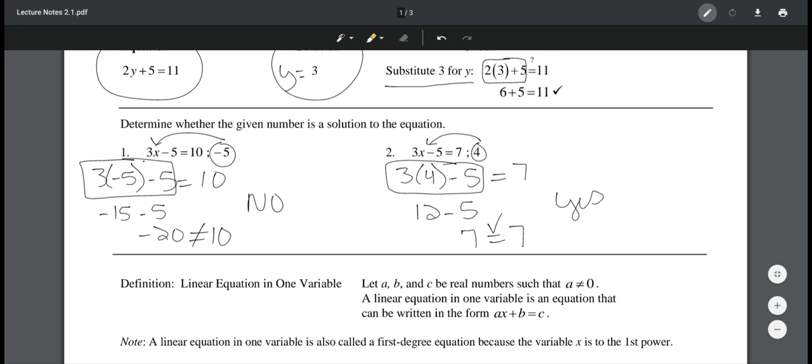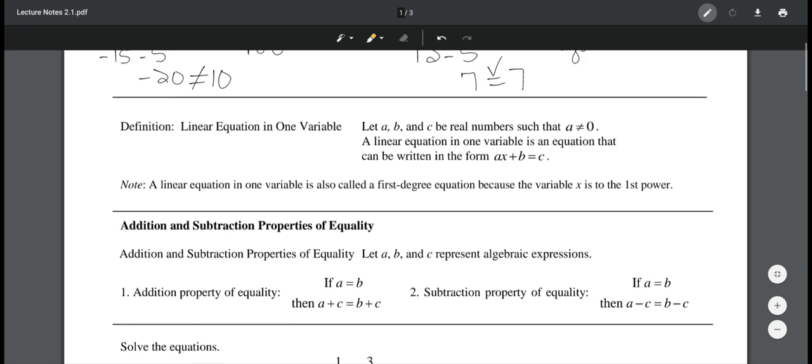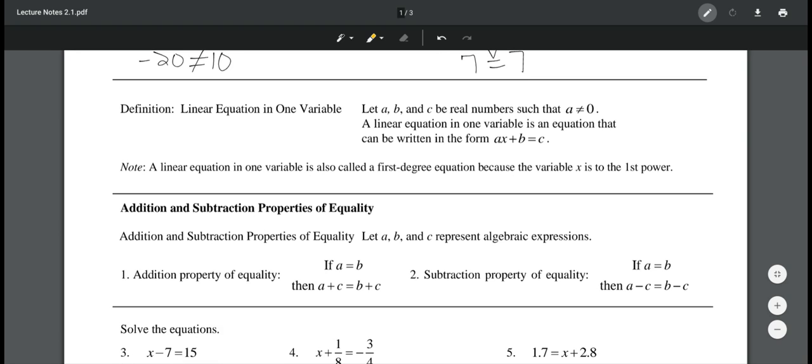Now, the definition of a linear equation in one variable says let a, b, and c be real numbers where a is not 0. Because if a is 0, 0 times anything becomes 0, and that knocks your variable out of this problem. So we do want an a value, but the b and c values do not have to be there.